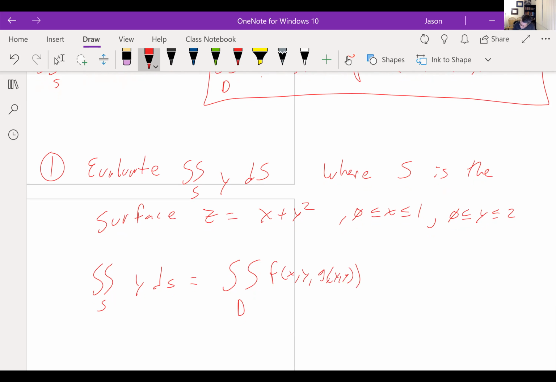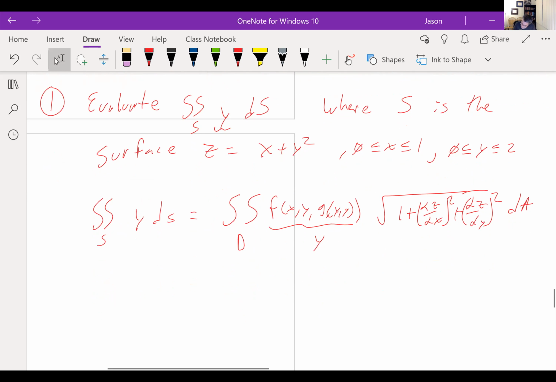But what is that? That's just y. That's just y times the square root of 1 plus dz/dx squared plus dz/dy squared dA.